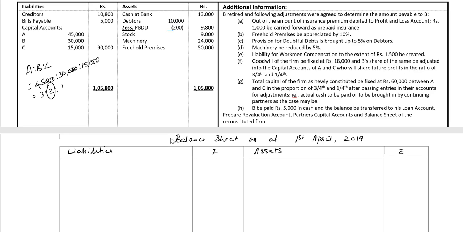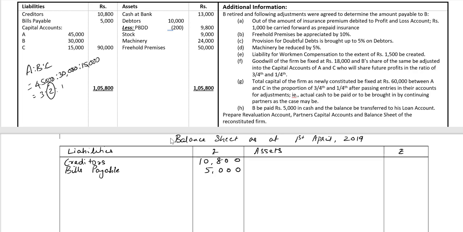We will begin with the liability side items. First item, creditors. No change in value, 10,800 rupees. Next item, bills payable. Again, no change in value, 5,000 rupees.